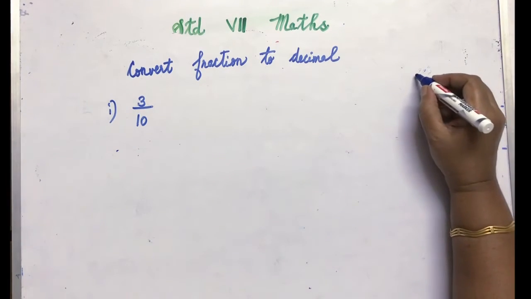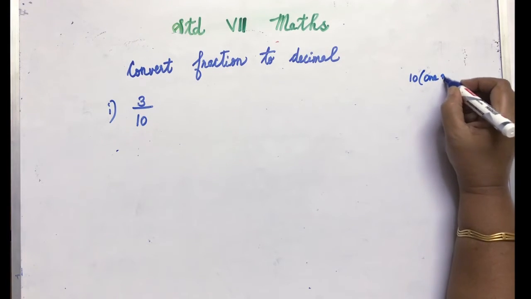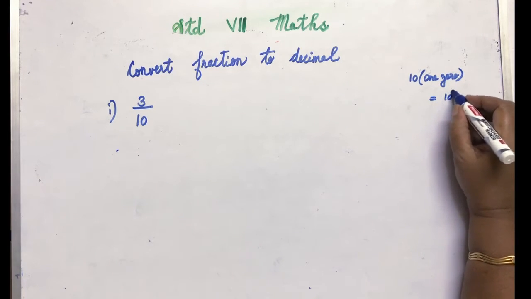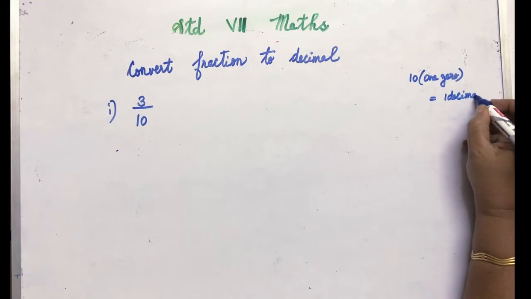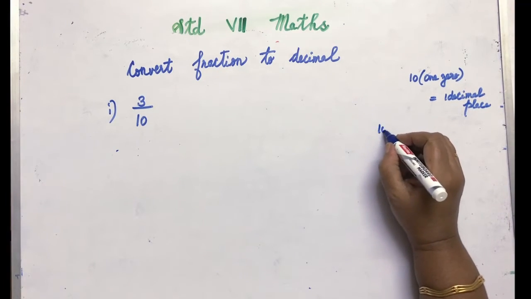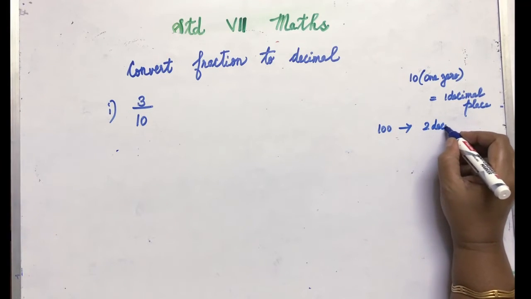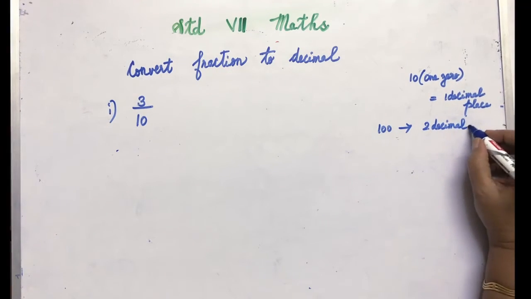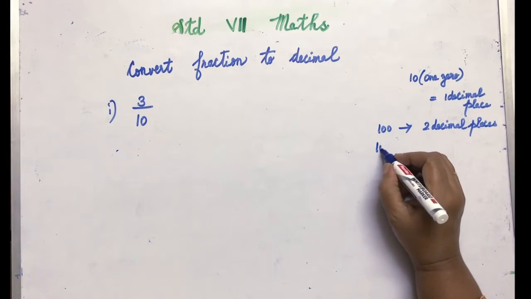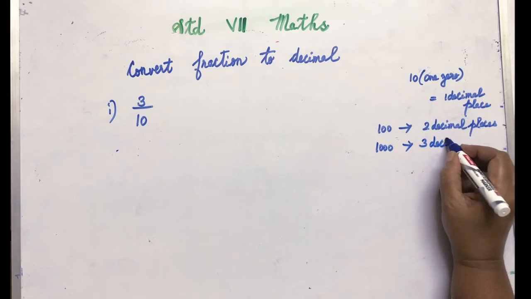So if we have 10 in the denominator, that is 1 0, after the point there should be one number, that we call one decimal place. If we have 100, we have to write 2 decimal places. That is, after the point we have to write 2 numbers, 2 decimal places. If we have 1000, we have to write 3 decimal places.